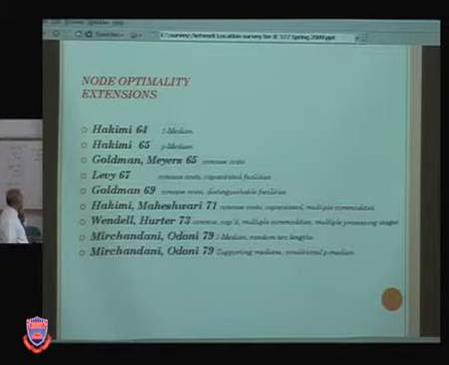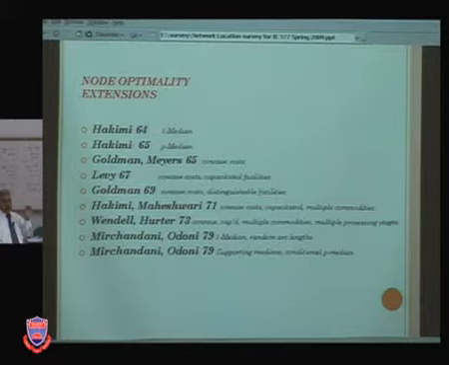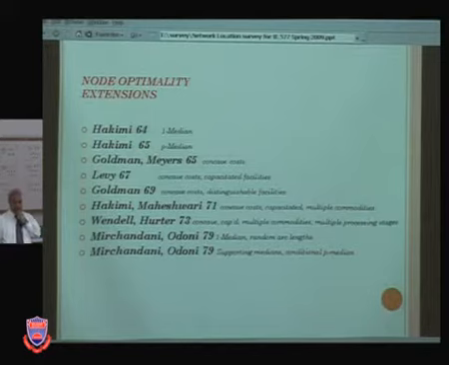Goldman and Mayers in 65 generalized this to concave costs. In other words, if you replace each weighted distance in the summation by a concave cost function of the distance, then you still have node optimality. That was one of your exam questions also. Okay?